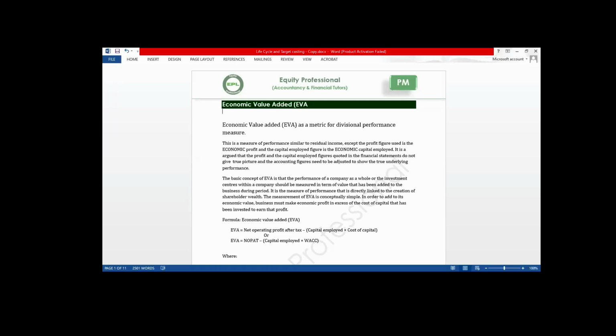Thereafter, we solve a question. Within the time permitted, we solve a question. Tonight, we shall continue with financial performance measure, and precisely we shall be discussing economic value added, EVA. Economic value added as a measure of performance.